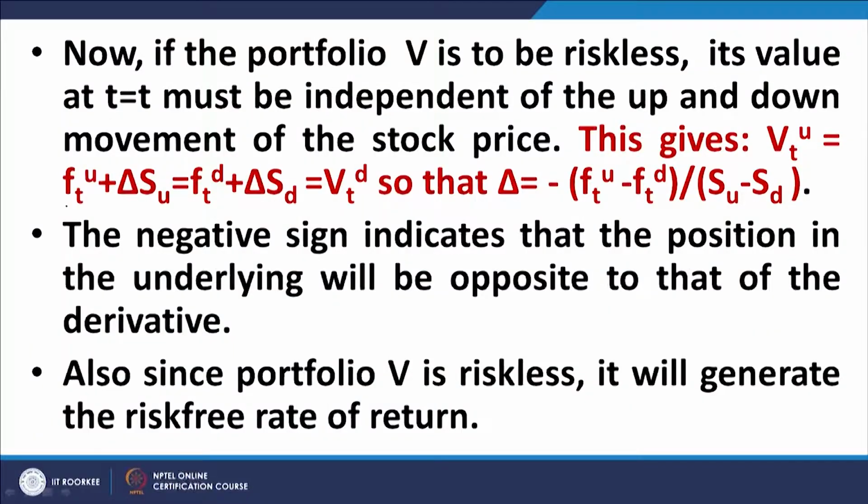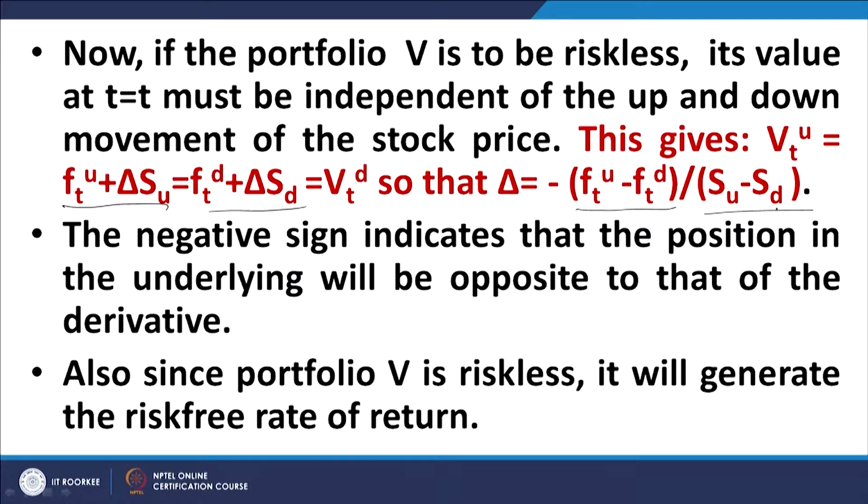In other words, whether the stock price goes up or the stock price goes down, the value of the portfolio should remain unchanged. Therefore, we must have this expression equal to this expression, and on simplifying this we get delta equal to minus of the difference between the derivative payoffs divided by the difference between the stock prices.